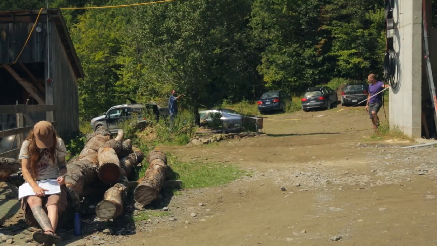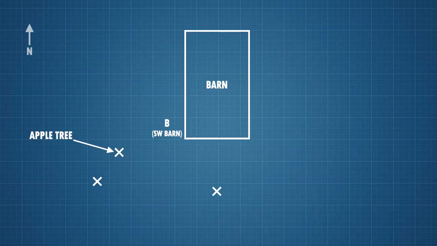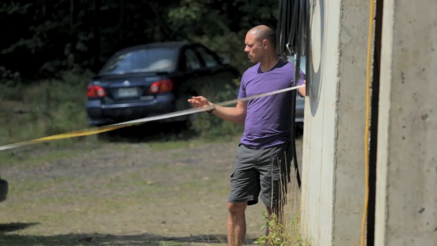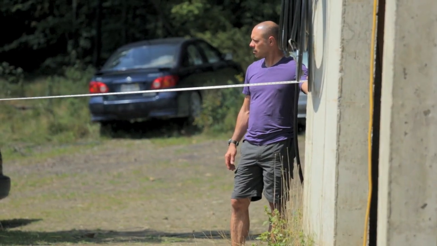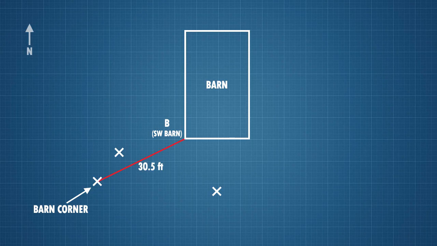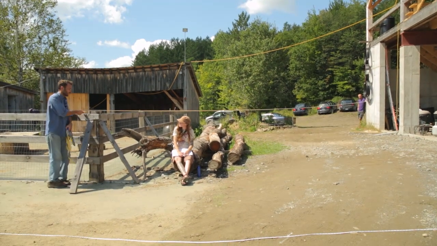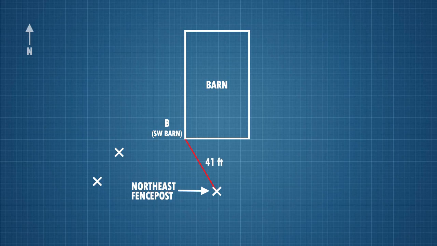And now we're writing in column B, or southwest barn, and we're at 33.5 feet to the apple tree. Make sure you're writing it on the right point. We're at 30.5 for whatever we called that. And then we're at 41 to this post.